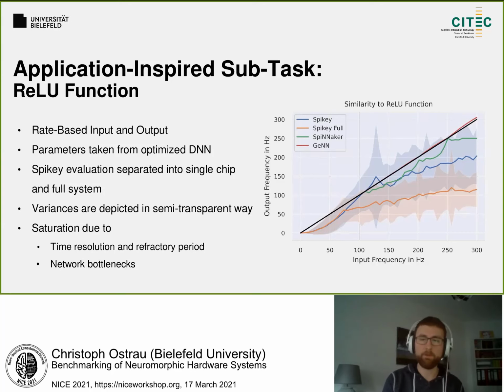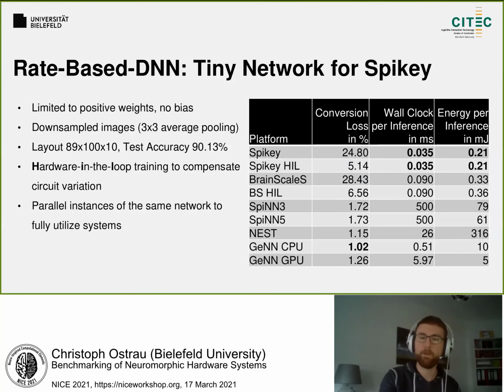For Spikey, you see saturation appearing at about 150 hertz, and you also see, as indicated by the shaded areas, that there's a huge variation with these neurons. So again, we expect from this benchmark that the actual accuracy on the real application is a bit reduced on analog systems.